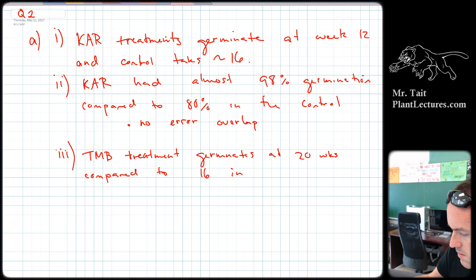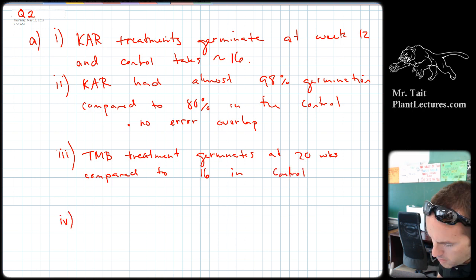And then for the fourth one, it says TMB alone affects the percentage of seeds that germinate, right? And you can see that it obviously is a lot different, right? So TMB is like 15% versus the 80% in the control.